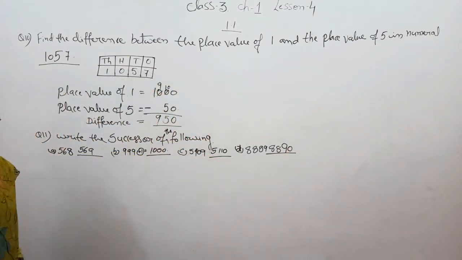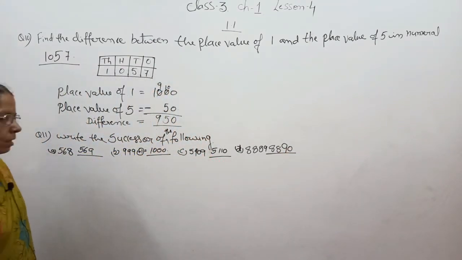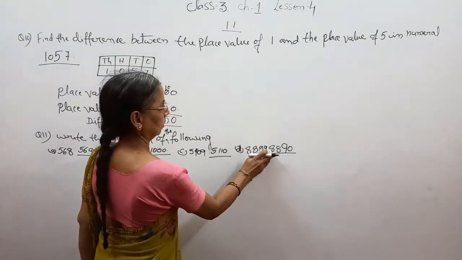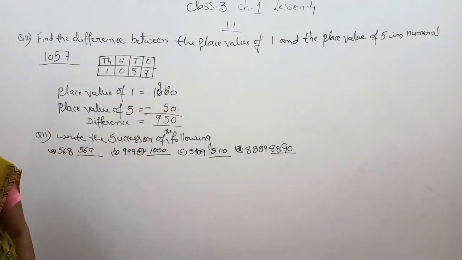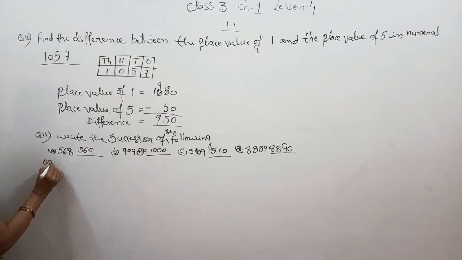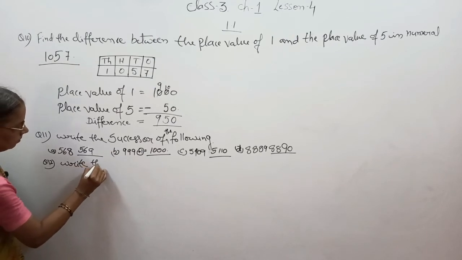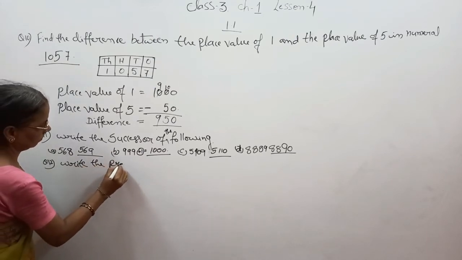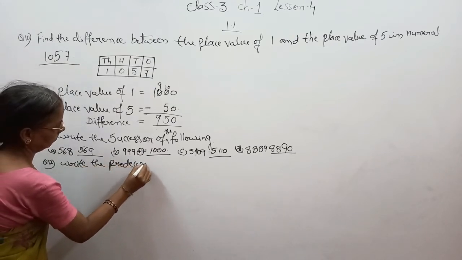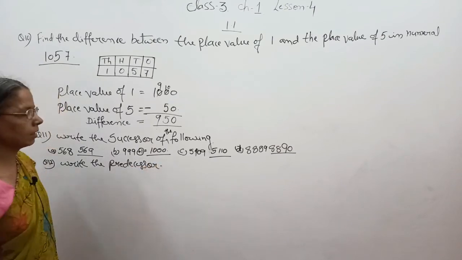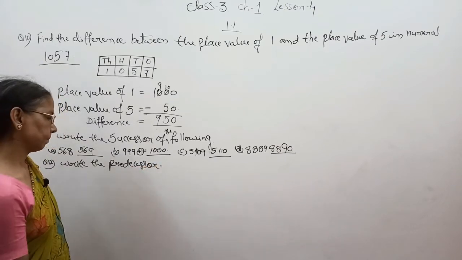Like this we have to write the successor of the given numbers. Now we have to go for question number 12, that is predecessors. Predecessor means it is nothing but the before number.